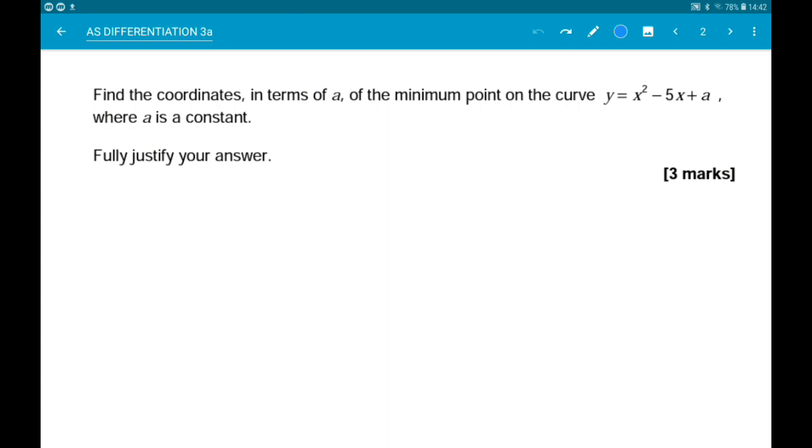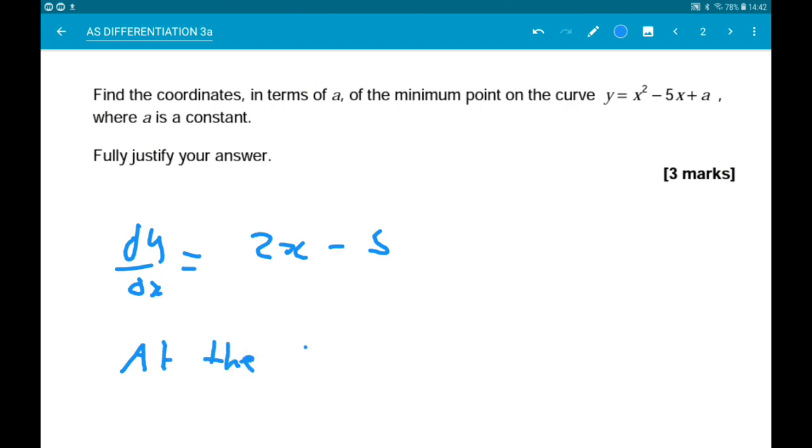So the first thing we're going to do is differentiate. So, dy by dx is going to be 2x minus 5. Now, we should probably say at the minimum point dy by dx equals 0.